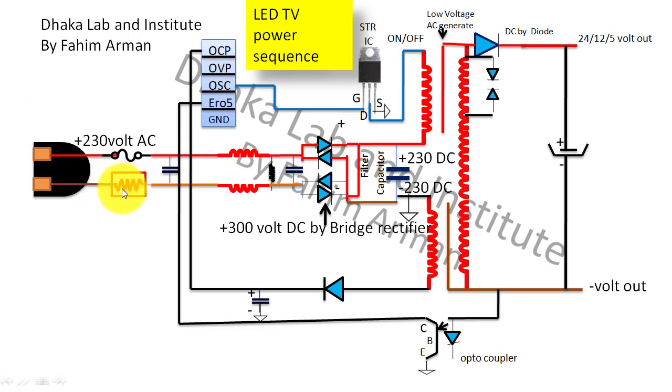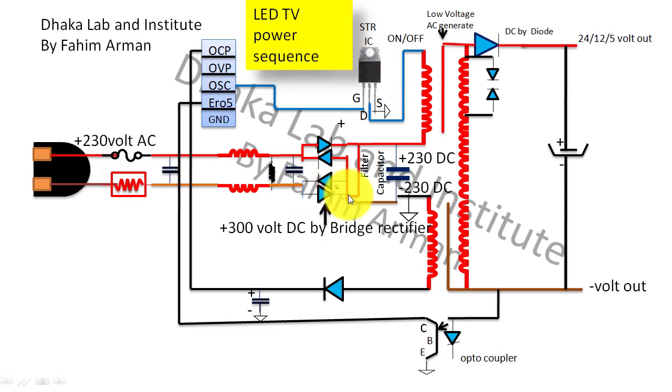And there is a thermistor. Through this thermistor the negative side of the 230 volt AC will pass, then go ahead through this capacitor, then enter that coil, after the resistor, then again a capacitor, then to the bridge rectifier negative side.